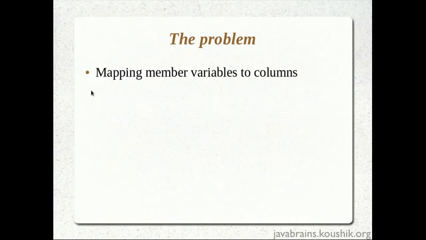The first pain point, as I told you, we need to map the member variables to the columns. Each and every member variable that we have to persist has to be mapped manually. Of course, you can have a procedure for each of the objects, and you write the code once, but you still have to do it. Now let's say I add a new column or I add a new field in my object. Now I'll have to make those changes in the code in order to map it.